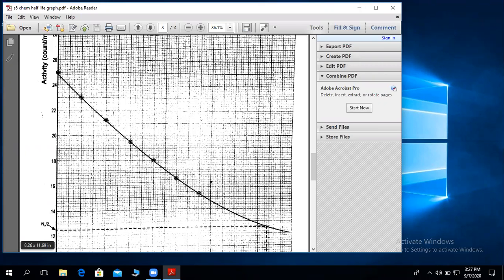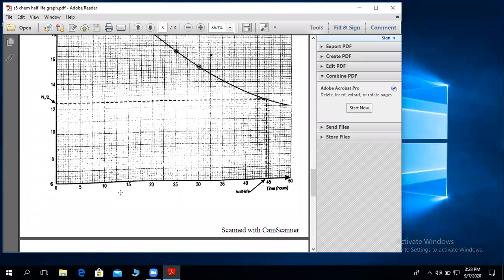So half-life, if you use the 22, then you use 11, which is a half of 22. And you get the time in between. For example, if you had used the 24, you'd have drawn a line from 24 to the graph, and you bring your line down to meet the time, then you draw another one from 12 to come until it meets the graph.